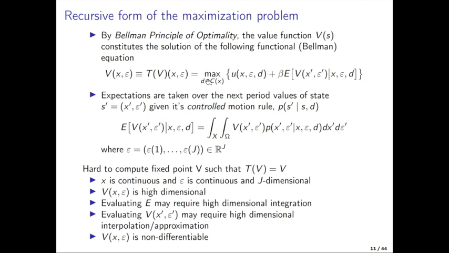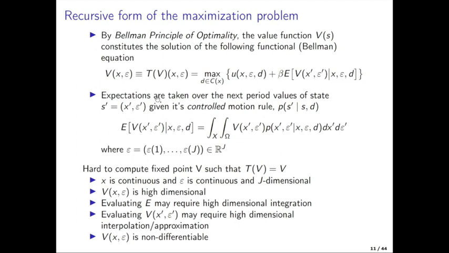Now, in order to calculate the value, you need to know what the future value is. So we need to solve this fixed point problem with v on both sides. We know what the utility function is. Usually you just have that in closed form. And we also need to solve that expectation operator.